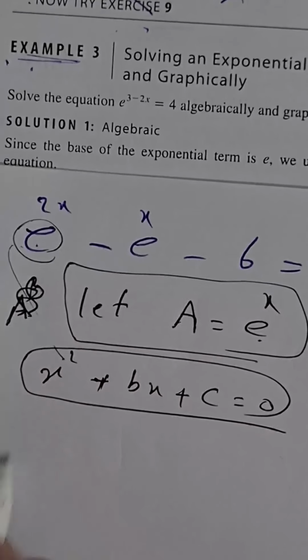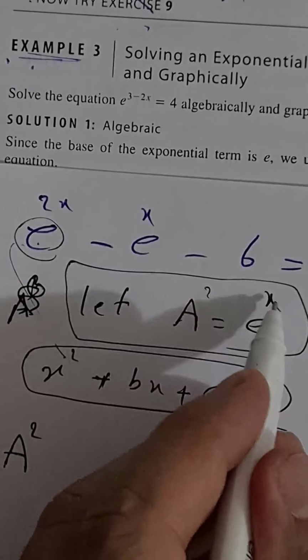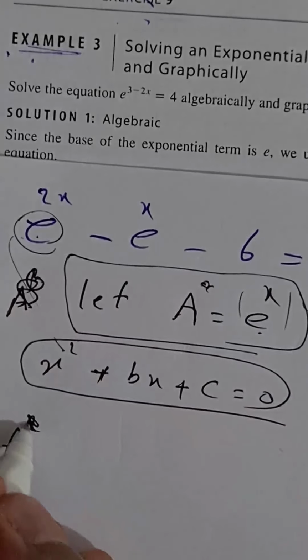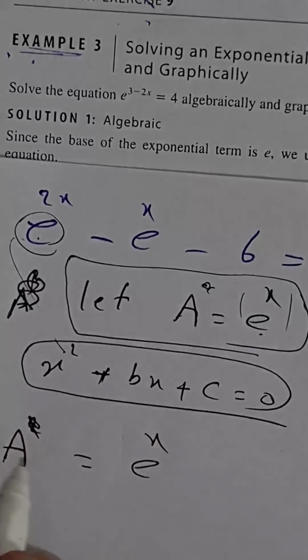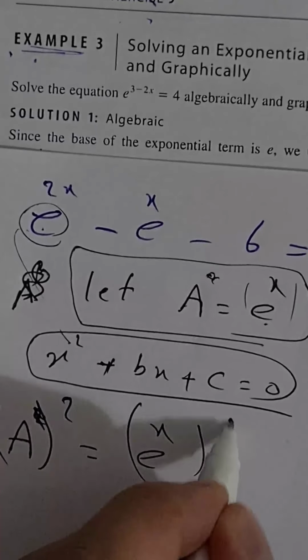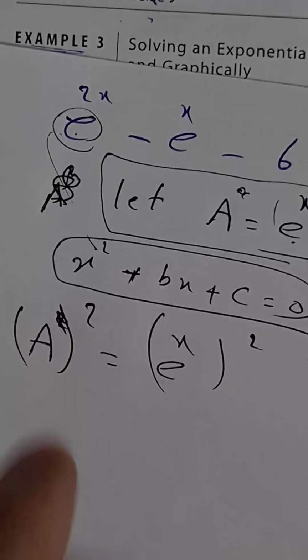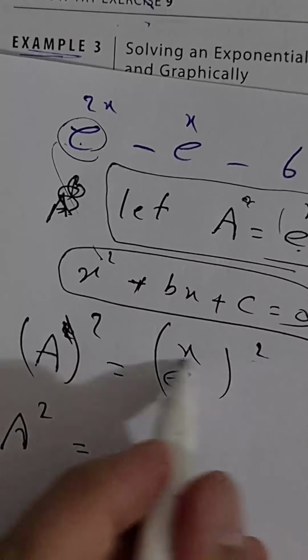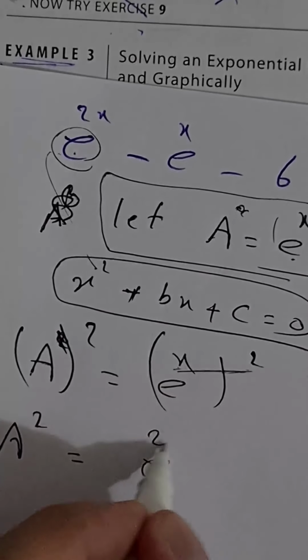So what will I get? a squared, because if a is equal to e to the power x and I square both sides, I get a squared is equal to, as you know from the first chapter, e to the power 2x.